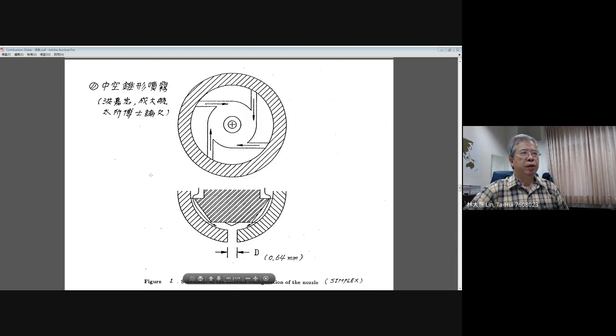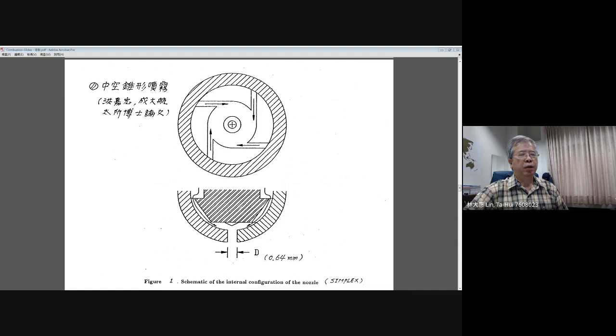For the simplex nozzle, the diagram shows the fuel, or in this experiment, air and water, and the liquid goes through several channels tangentially into the swirling chamber.